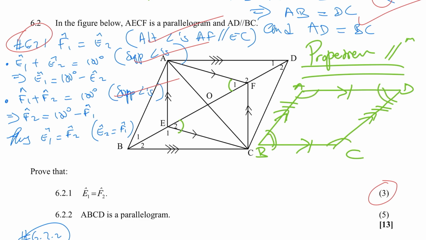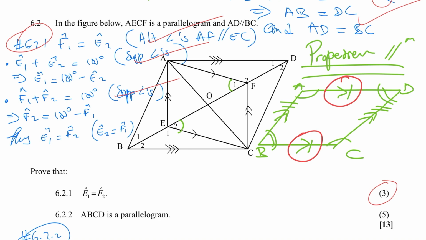So this is the information that you need to know. So if you can prove that AD is parallel to BC and AD is equal to BC, then you've proven that ABCD is a parallelogram.